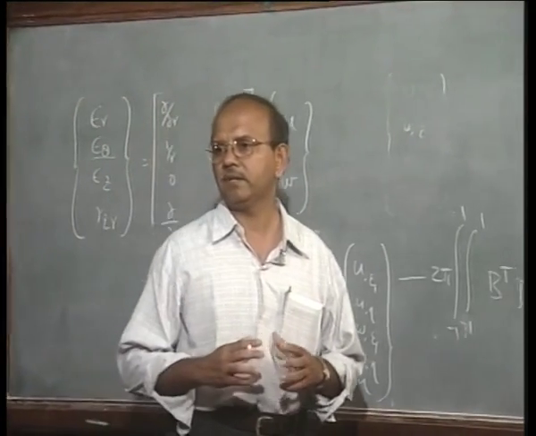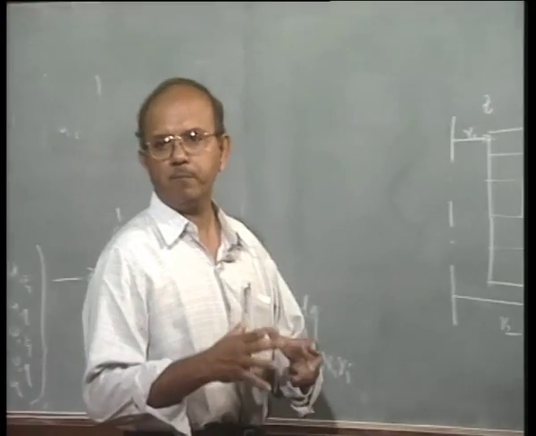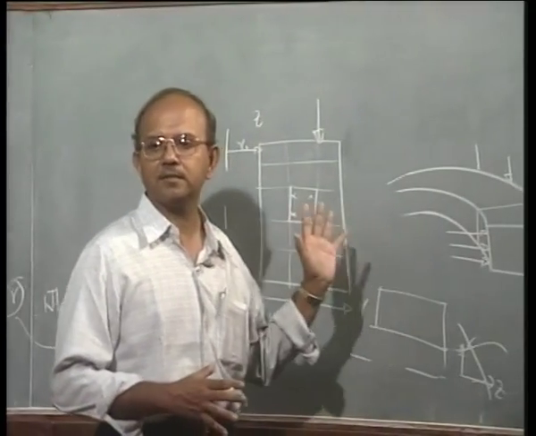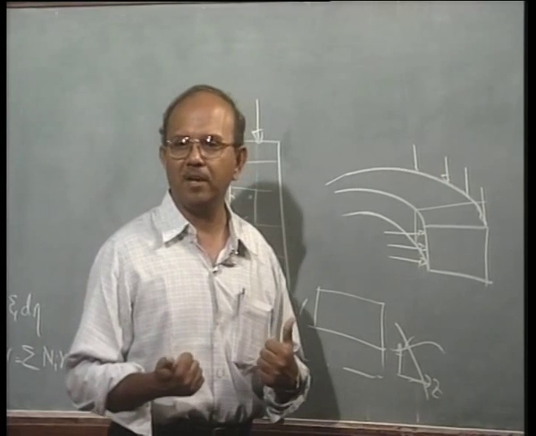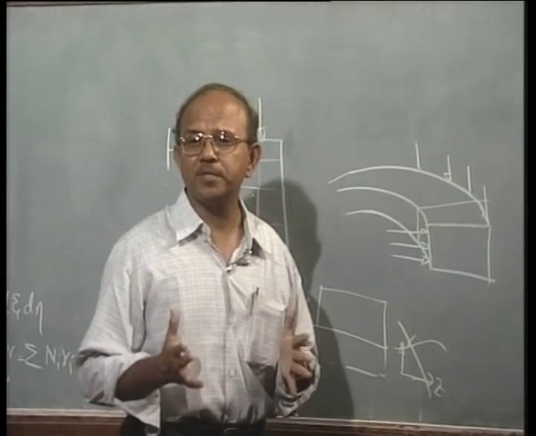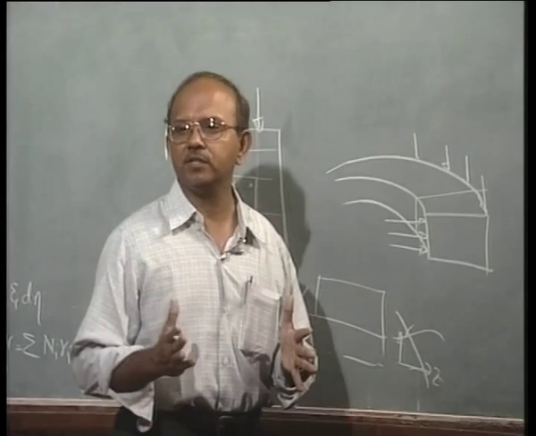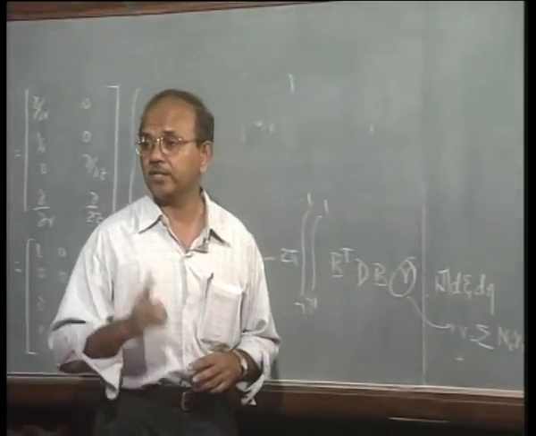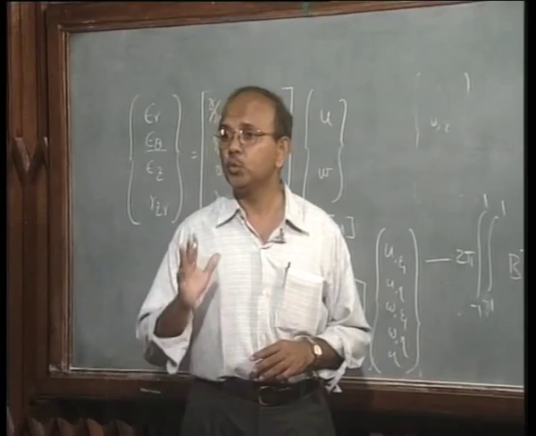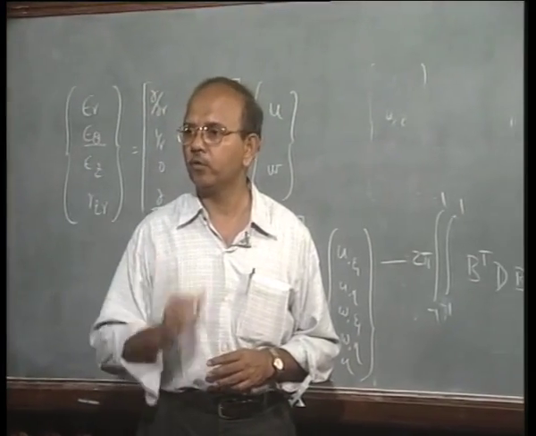Physically, if you see, the ring is in equilibrium, okay, because of the force that acts. What does it mean? It means that for an axisymmetric element you need not specify a boundary condition in R. In R direction, R degree of freedom, you need not specify a boundary condition.